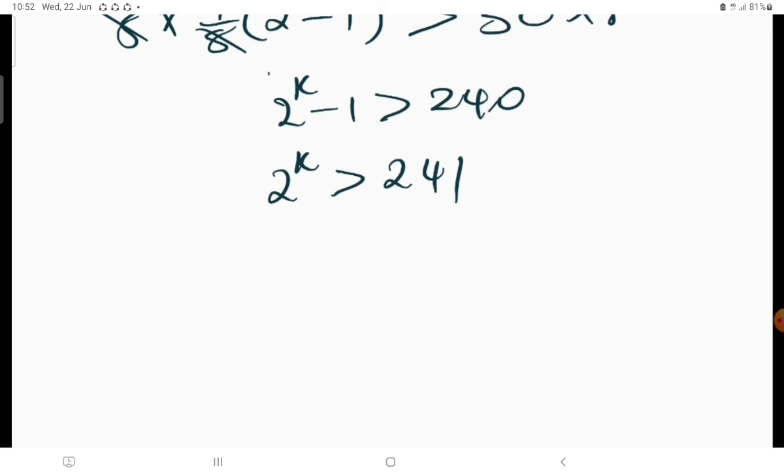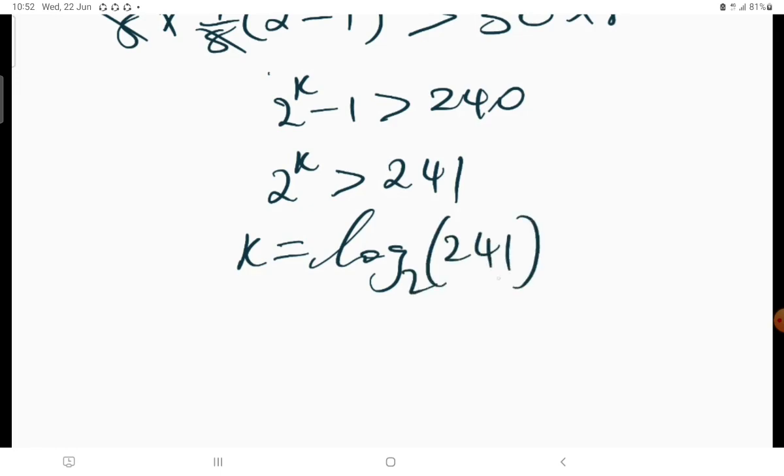Logs are going to help us say k is equal to log base 2 of 241. We press our calculator, log base 2 of 241, and we get k equal to 7.91 and so on.